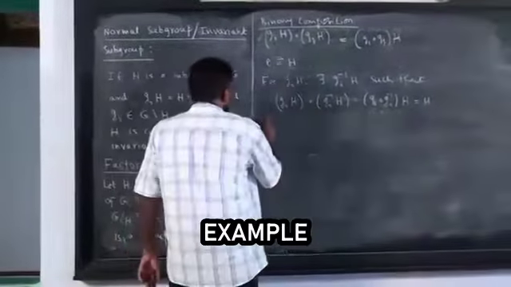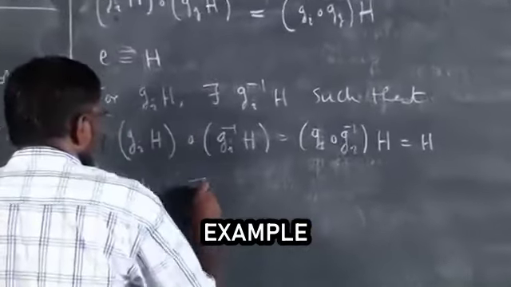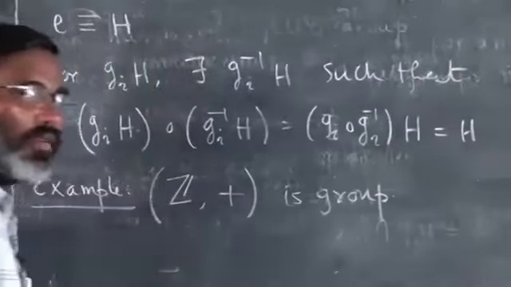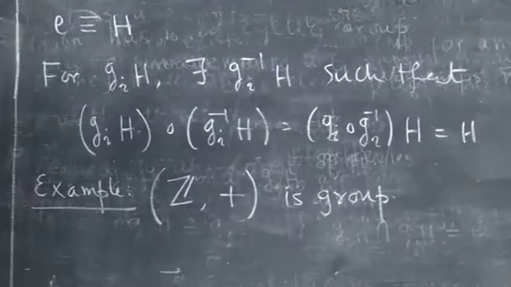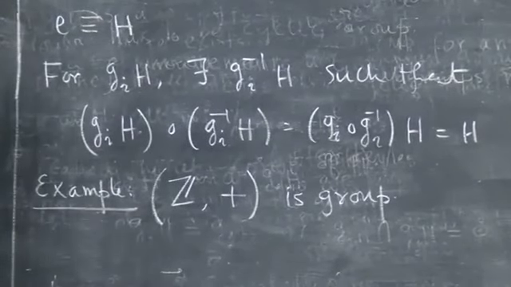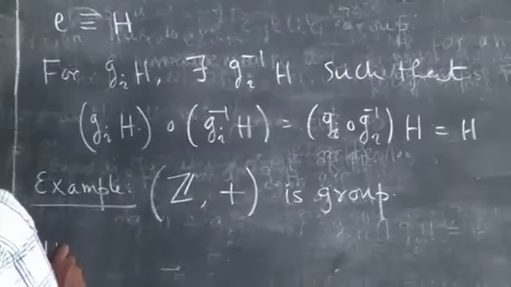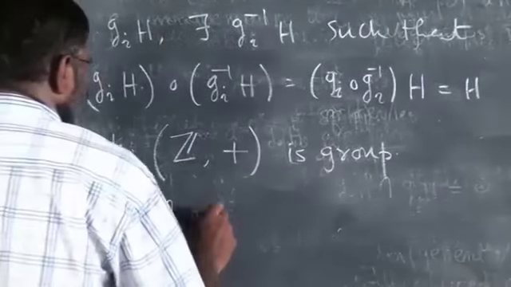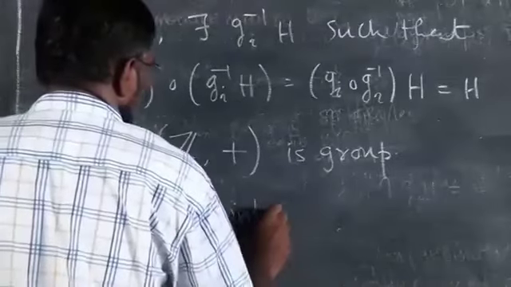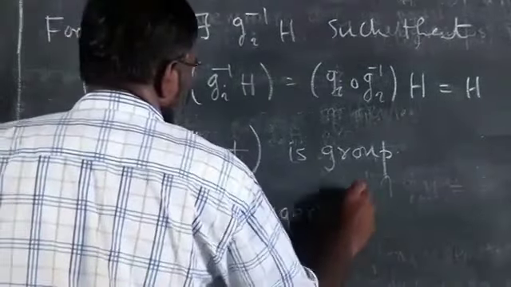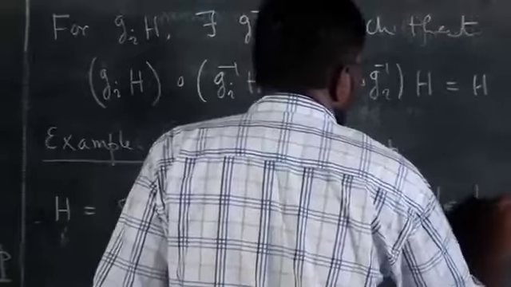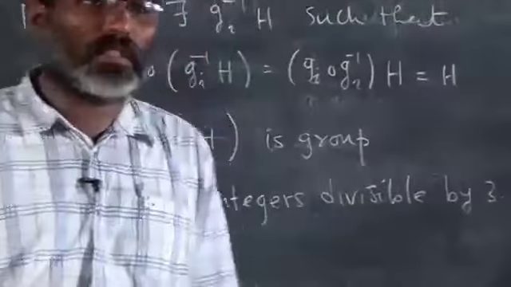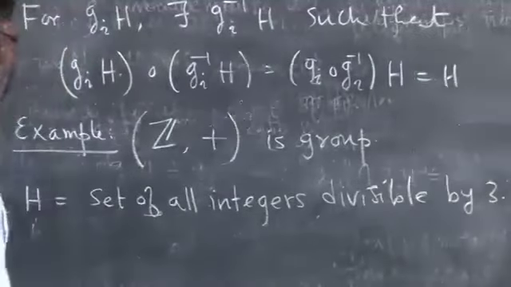Let's look at a simple example. We have considered that the set of all integers under addition is a group. Now let us define H as the set of all integers divisible by 3. What is this set?